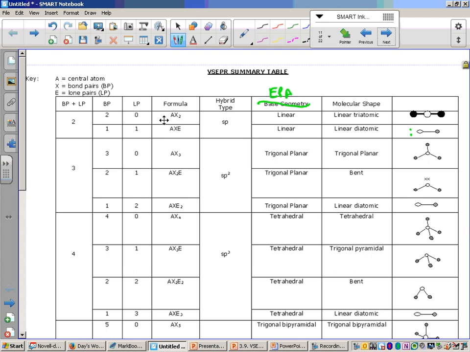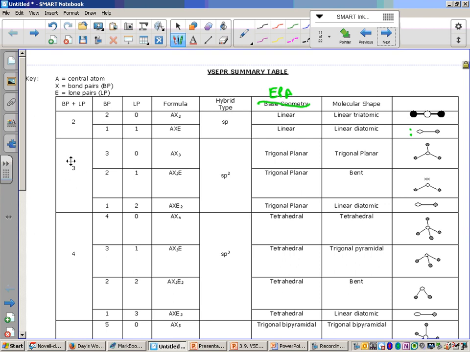So AX2 is a molecule that consists of a central atom A with 2 X's on the ends. Maybe I should have had the letter A in the middle of my pictures here. That might have been a better representation. Here I've got AXE. That's indicating to me that I've got 1 bond pair for the X, 1 electron pair for the E. We're getting okay with the notation?